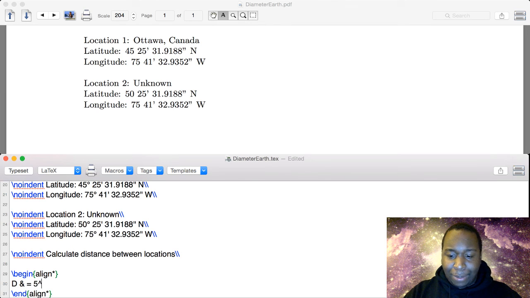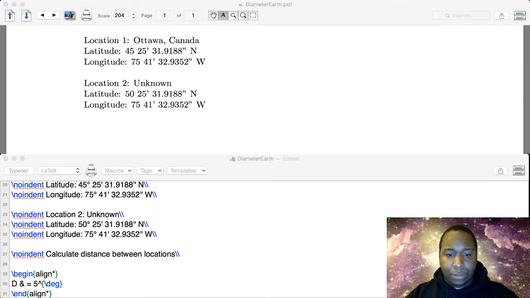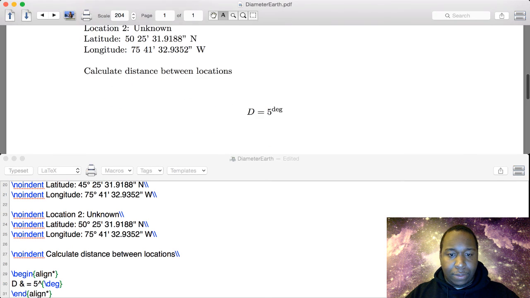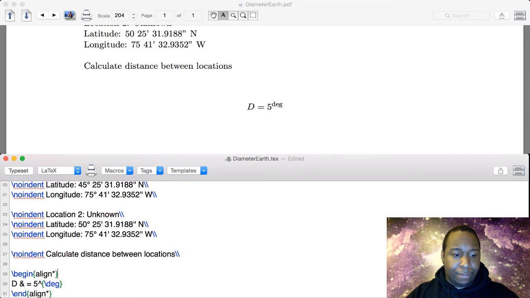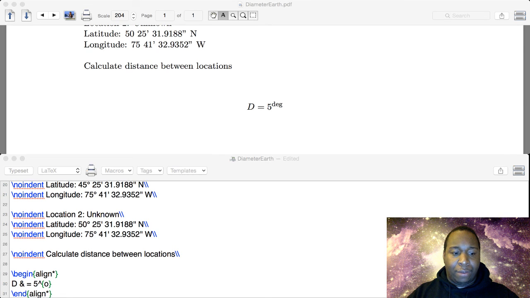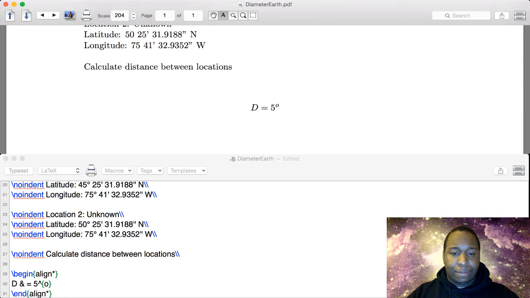I think I could do something like this for the degree sign. Maybe this might work. Let's check it out. Nope, it didn't like that. I'm going to be kind of lazy and put just an O. Maybe that'll work for the degree. We're going to imagine that says 5 degrees, of course.